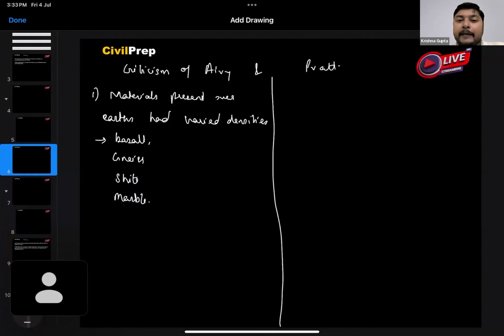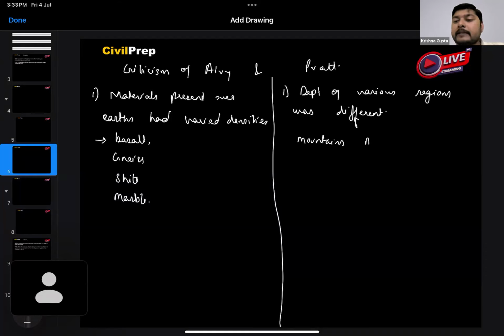But when we talk about Pratt, we will see that the depth of various regions was different. For example, the mountains had varied depth, plains had varied depth, plateaus had also varied depth.